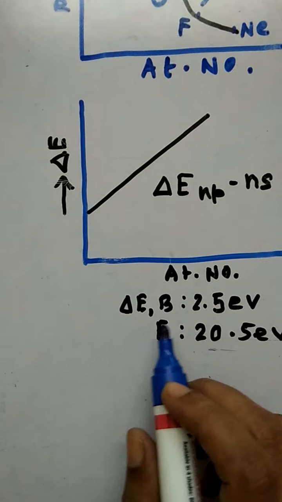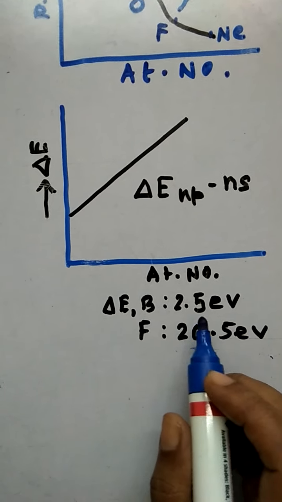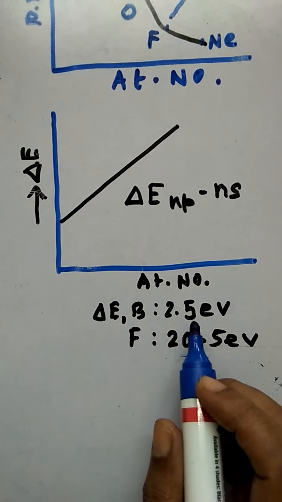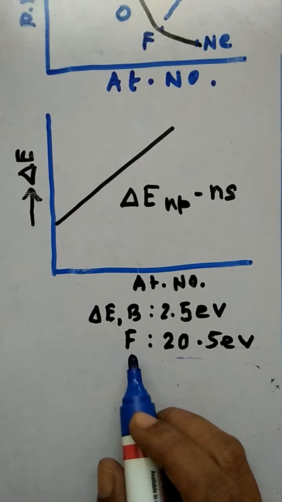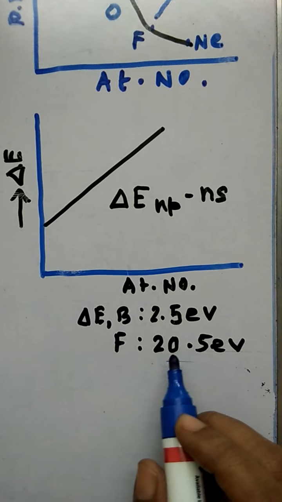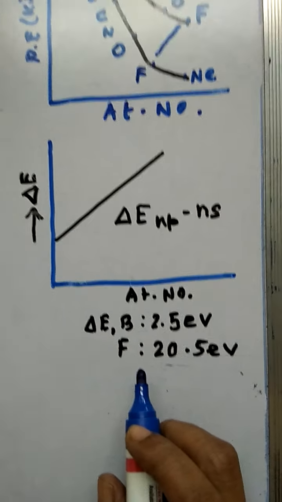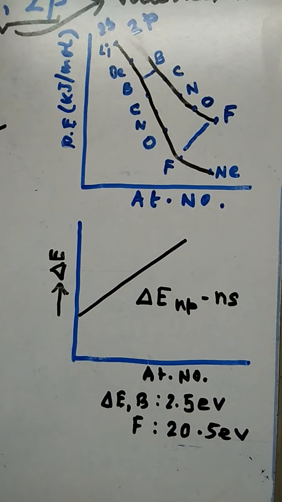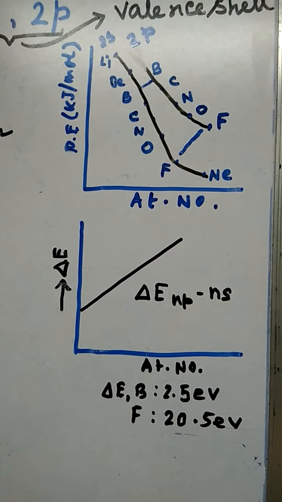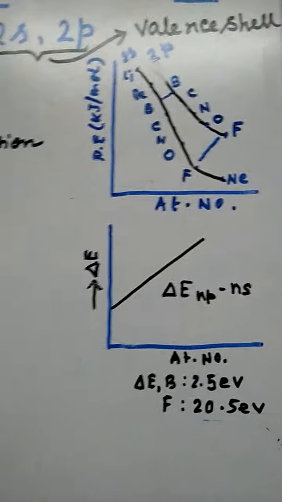For example, for boron the energy gap is 2.5 electron volt, but for fluorine the energy gap is 20.5 electron volt. So there will be no interaction of s and p orbital while forming the molecular orbital of O2 and F2.